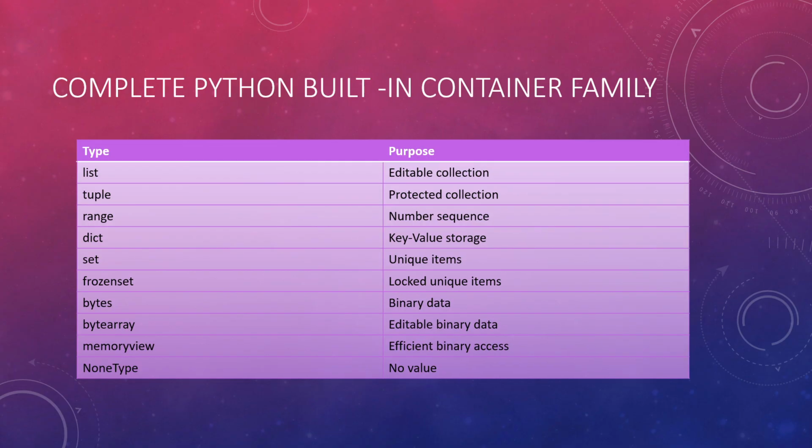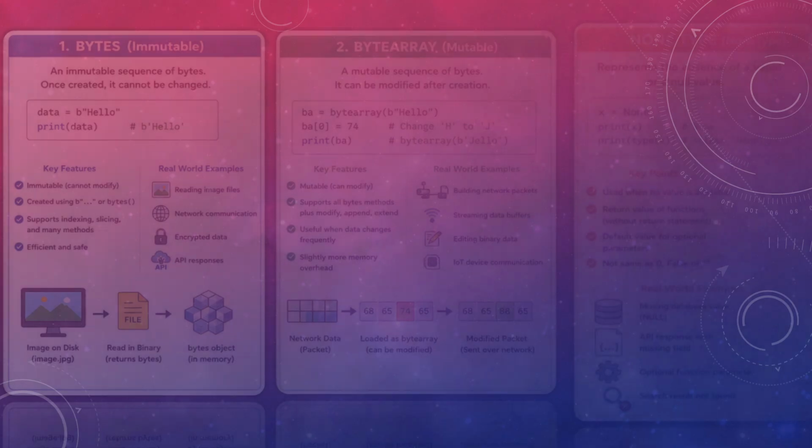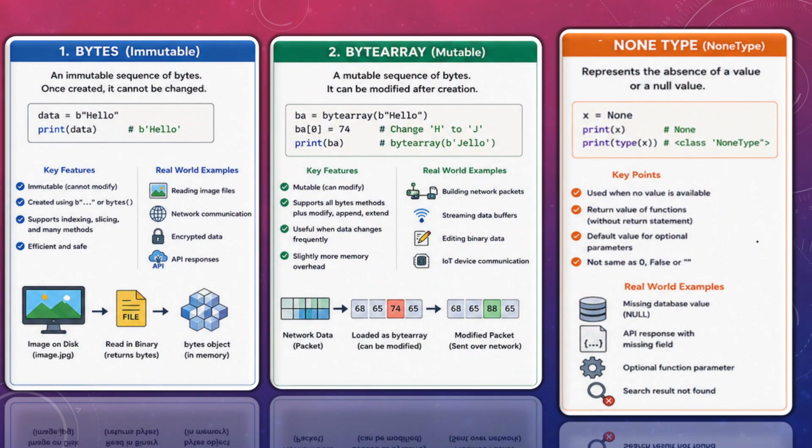So the complete Python built-in container family, we have seen all of them, right? We have gone through all those in our previous sessions also, and today we have completed all the built-in data types: bytes, bytearray, and NoneType. Bytes, we have seen how they are used for reading image files and network communication; these are immutable.